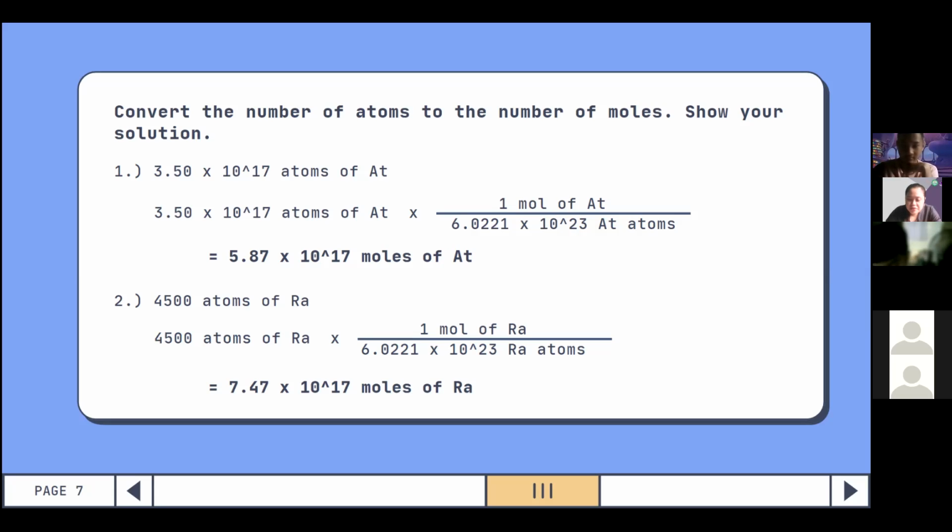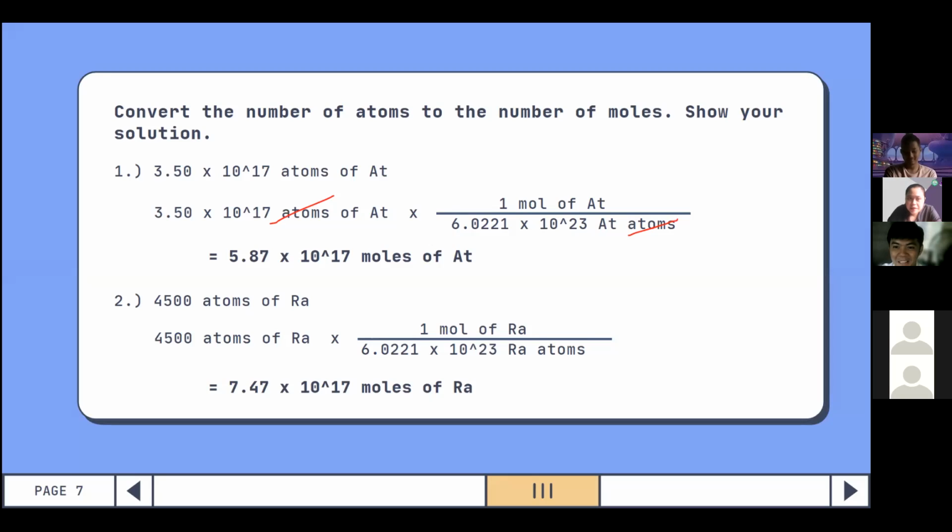So 3.50 times 10 raised to the power of 17 times 1 divided by the number of atoms. So let's cancel this. So again, divided by 6.0221 times 10 raised to the power of 23 is, anong nangyari dito?